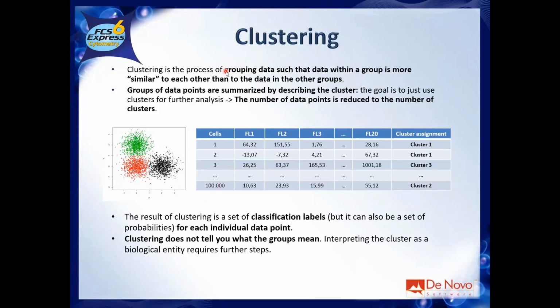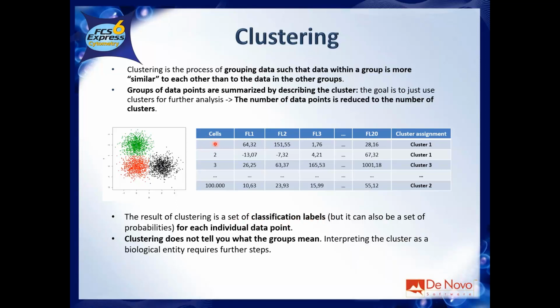So the idea of clustering is to group data in a way that the events in a group are similar together and are more similar than the data in other groups. So similar events are grouped together, different events are grouped in different clusters. Basically, a clustering is just a way to assign a classification label.